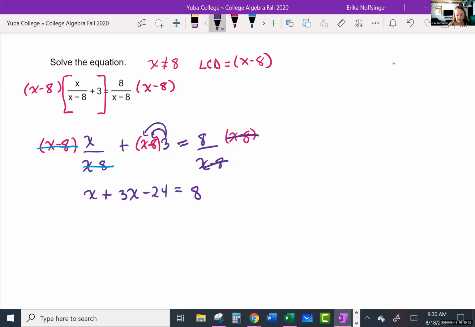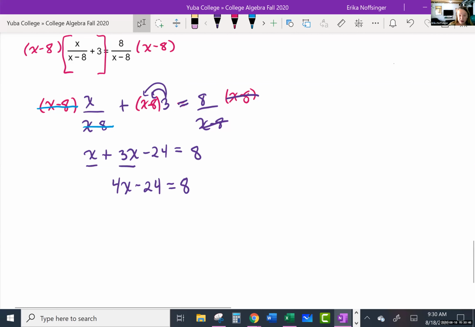So once I've cleared my fractions, I notice this is a linear equation. Let's combine like terms on the left-hand side of the equal sign. We have x plus 3x, so x plus 3x is 4x minus 24 is equal to 8.